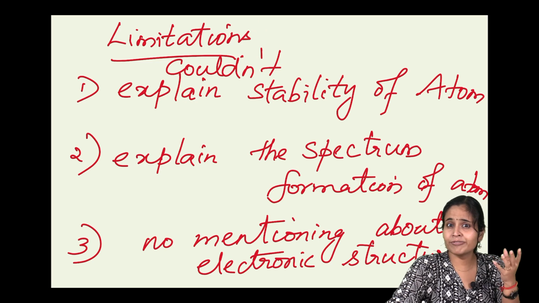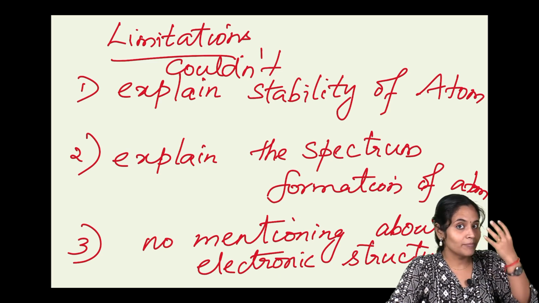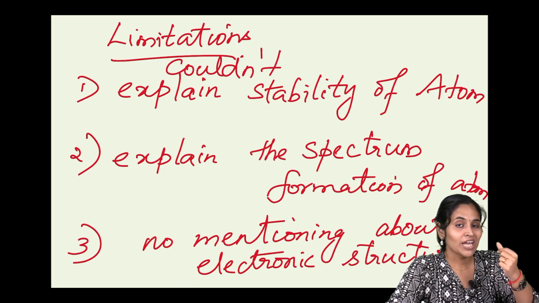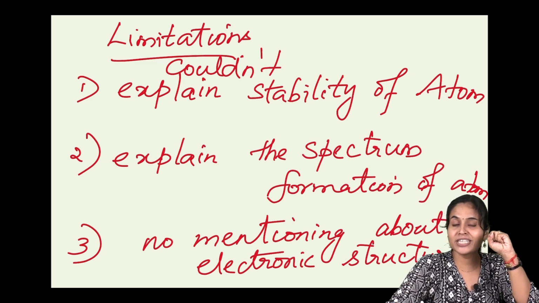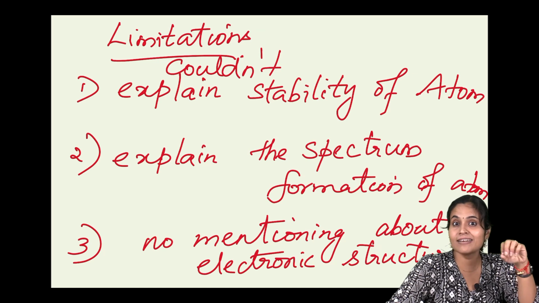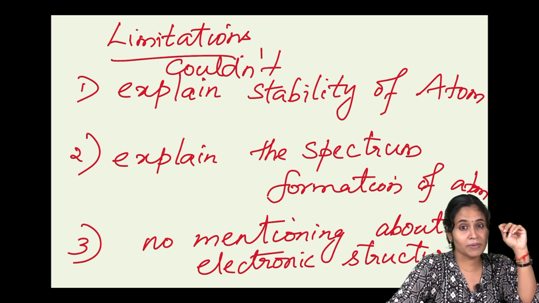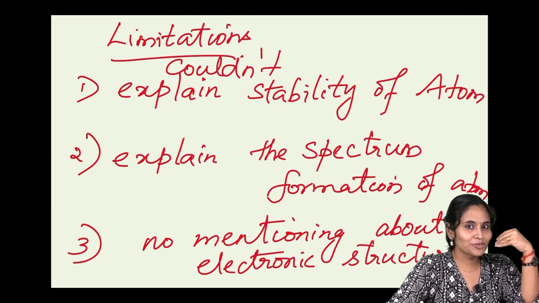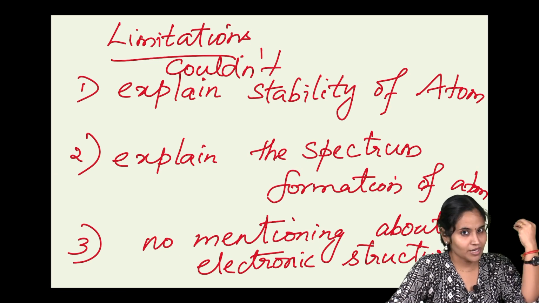We have gone through different observations of this experiment, and after that the conclusions, or Rutherford's atomic model, that atom consists of a lot of vacant space and a positive sphere present at the center of the atom known as nucleus, and the negatively charged electrons will be revolving around the nucleus in a fixed path. Sorry, the fixed path concept was about the Bohr model. According to the Rutherford model, the electrons will be revolving around the nucleus in a circular path.